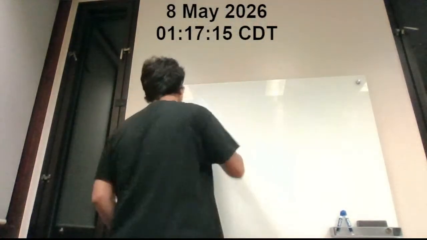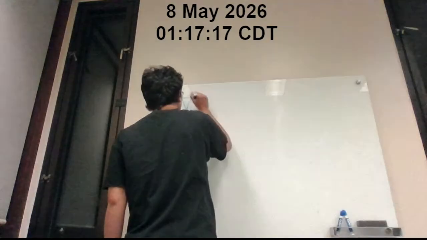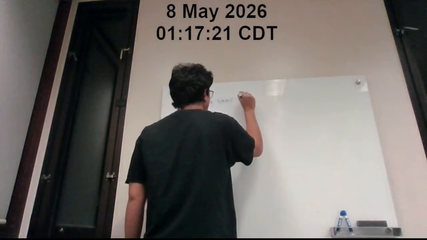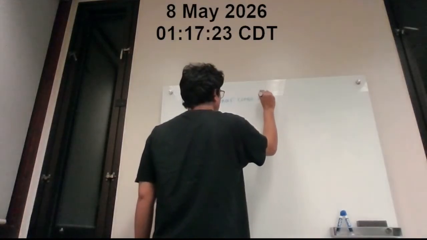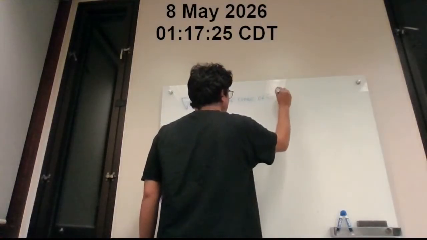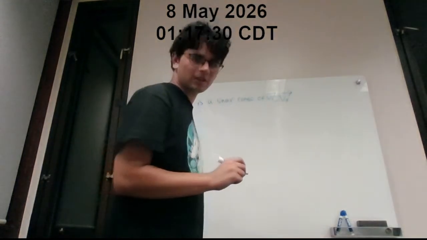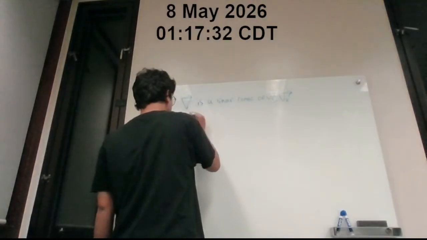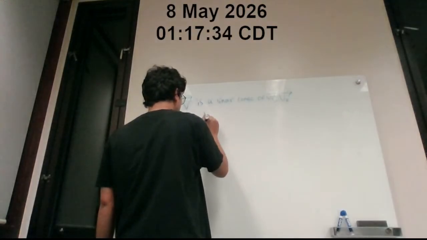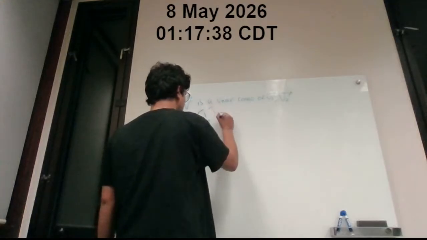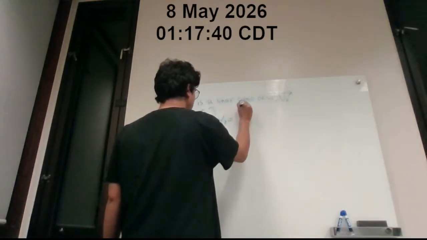So let's say V is a linear combo of V1 and V2. Well, what do you get? Let's say V1 equals, V2 equals.